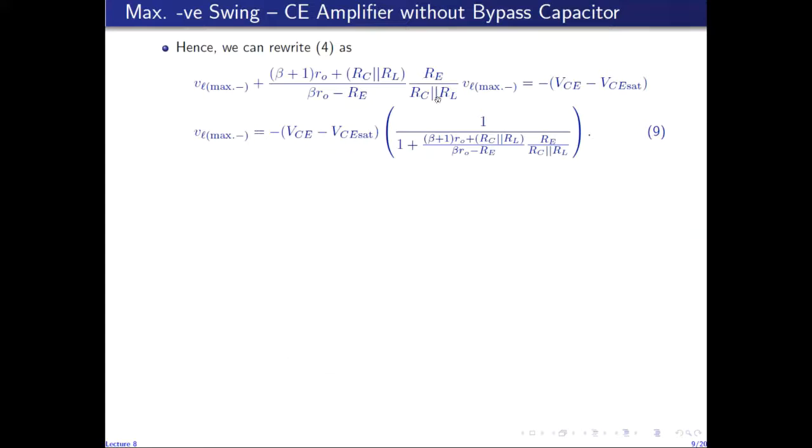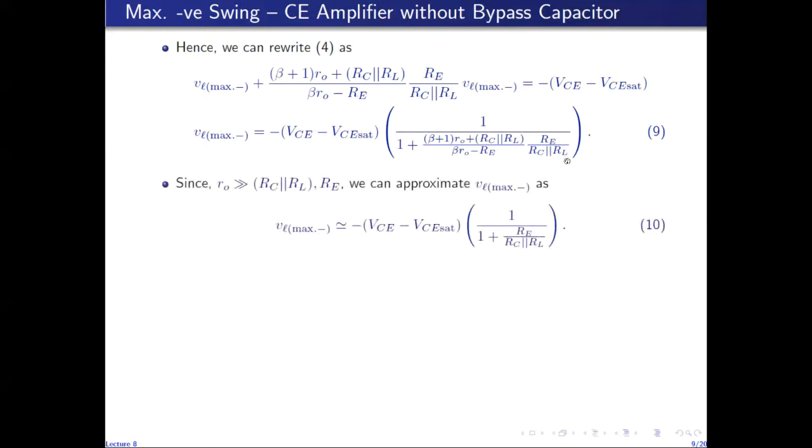So we take VL maximum negative out common, so we're left with 1 plus this term, and that term is divided on the other side. So this is the exact expression for the maximum negative swing of the output voltage of the common emitter amplifier without bypass capacitor.